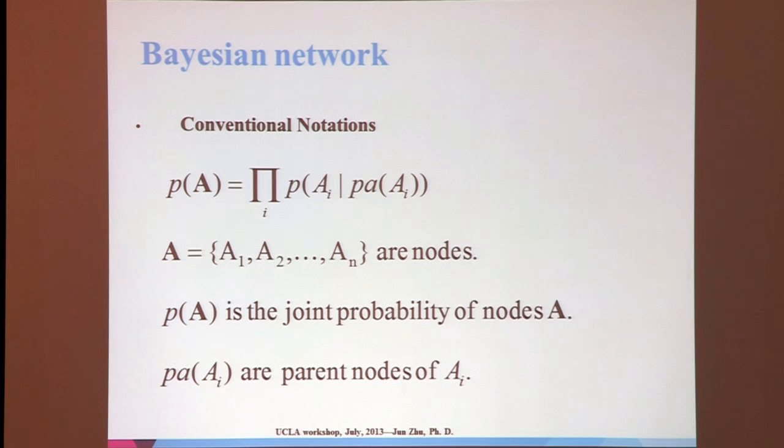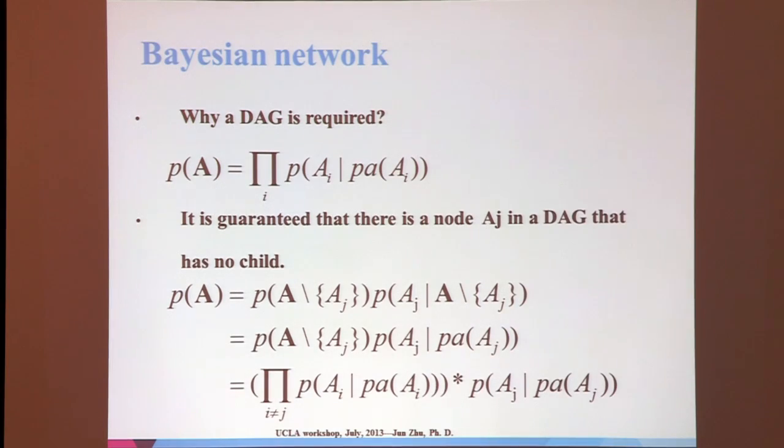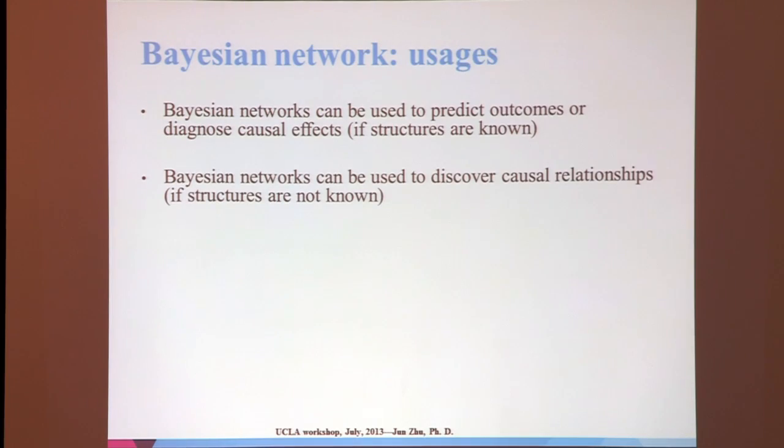Now we can get this one, why we need this directed acyclic graph here. And then we'll see what a Bayesian network can generally be used for. Most of what we call it is an expert system.